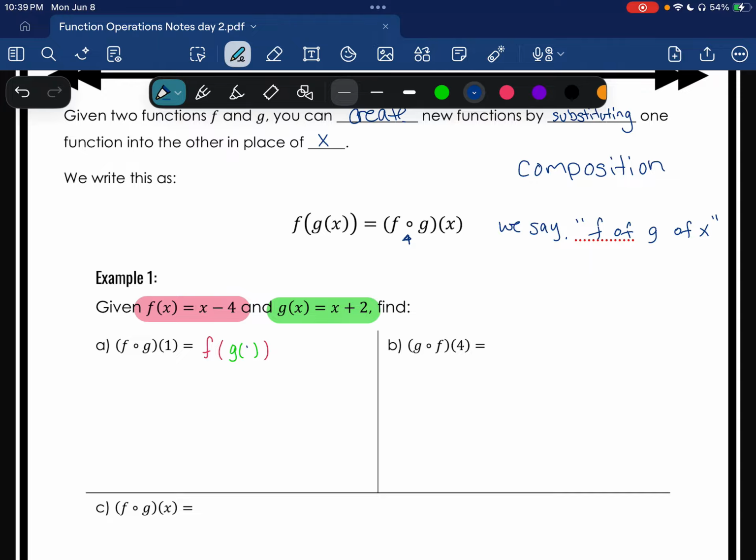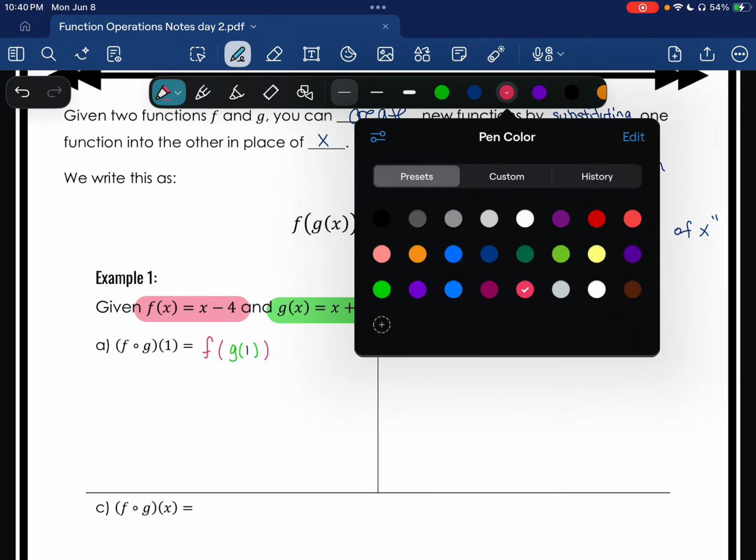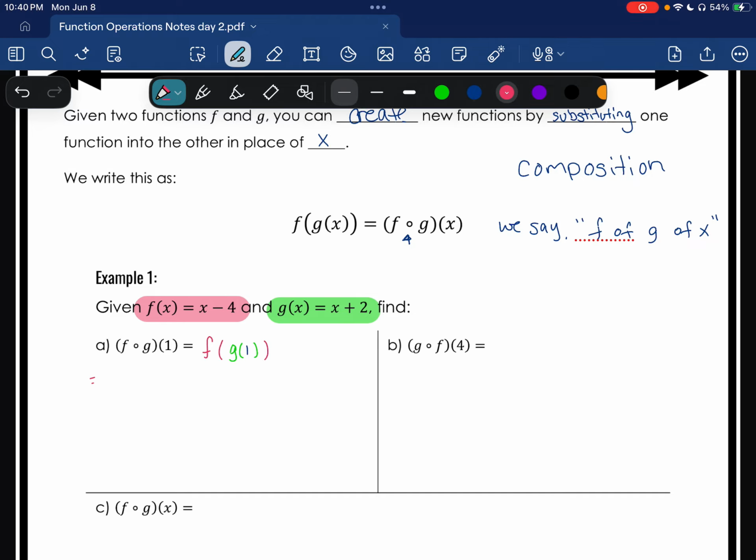I've got f of, and then I just plug it in right here in the notation so I don't lose anything. In this g of x, 1 goes in place of x: 1 plus 2. That means g at 1 is going to be 3.